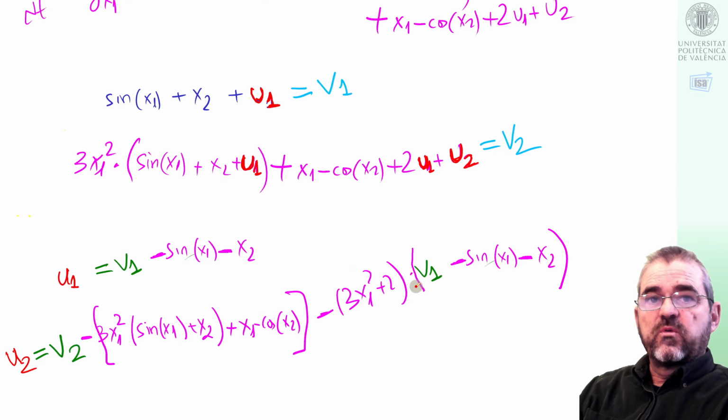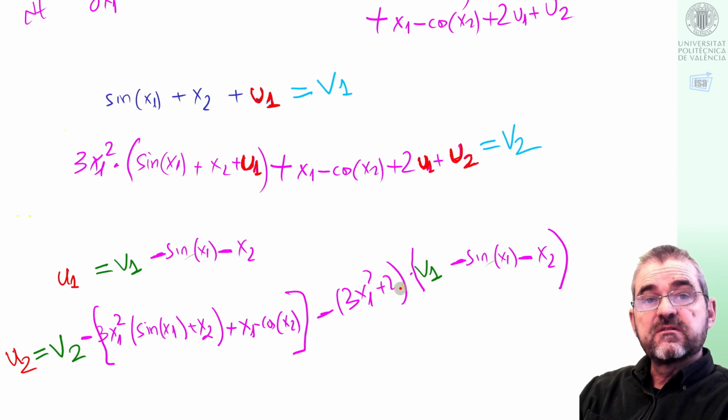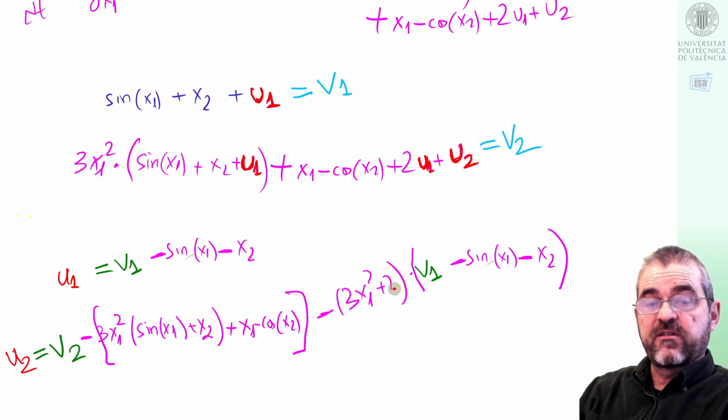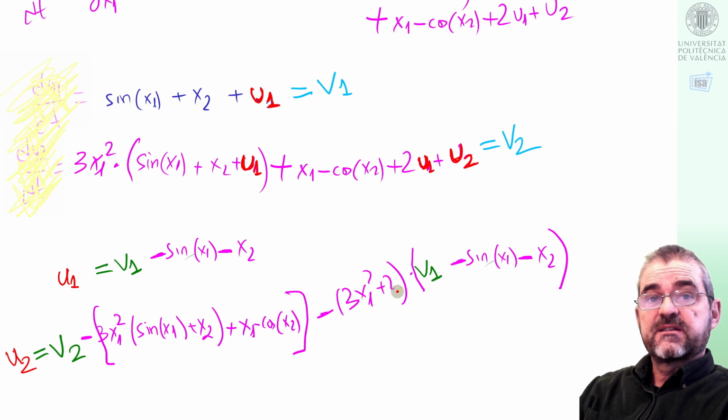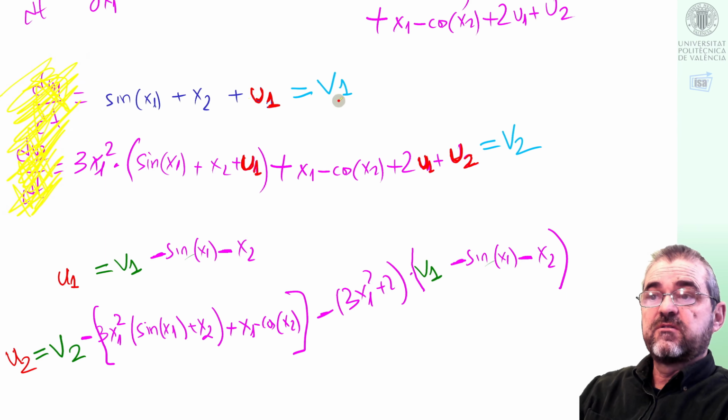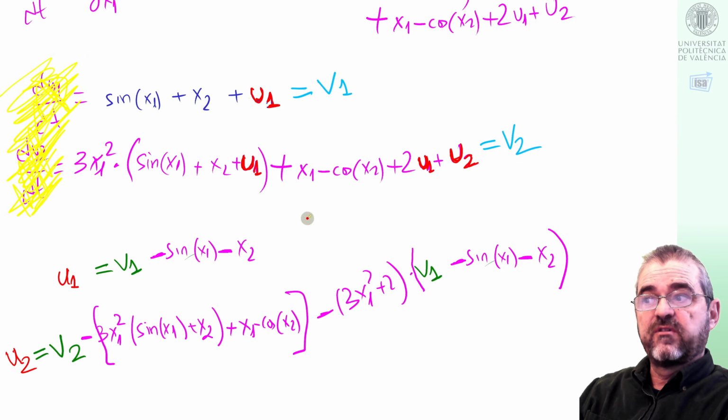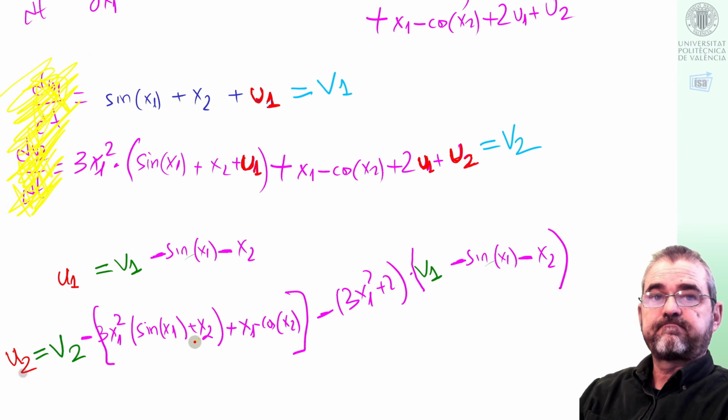So now we have finished the second stage of the feedback linearization methodology. First stage is take derivatives of the controlled variables until inputs appear, and second stage is introduce arbitrary values v1, v2 and solve for the manipulated inputs.